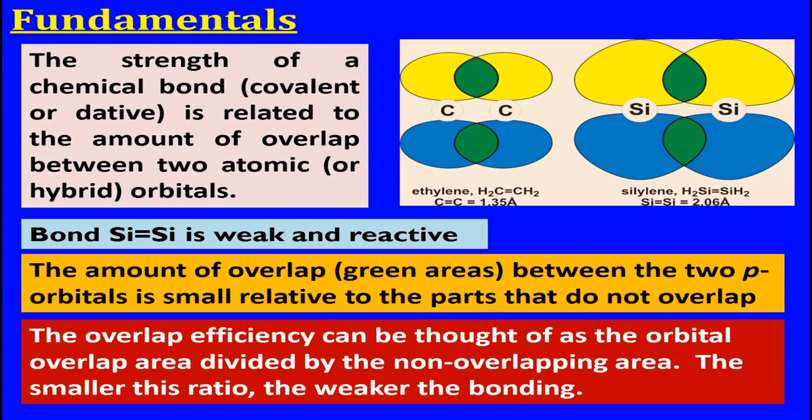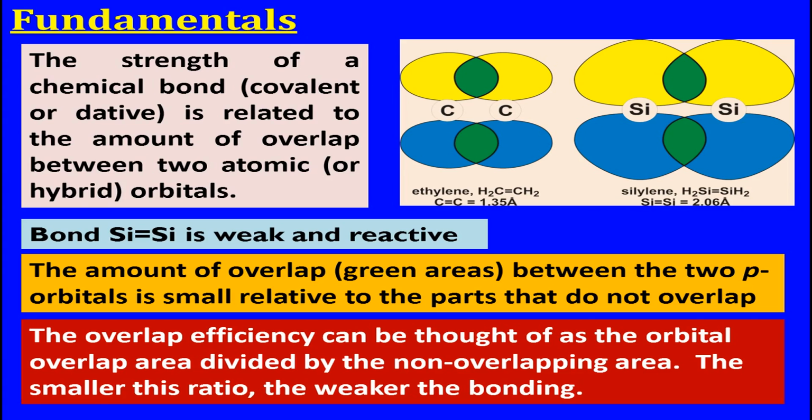In organometallic chemistry, we think by the same method, by the same strategy. When we have M and L, M has orbitals and L has orbitals. When the overlap between M and L orbitals increases, the bond is stronger.